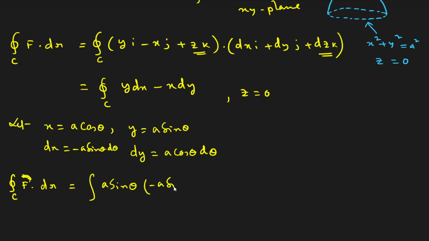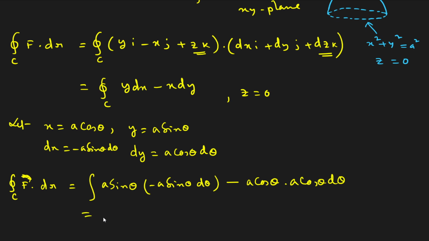So minus a sin theta d theta, then minus x dy: x is a cos theta, and dy is a cos theta d theta.